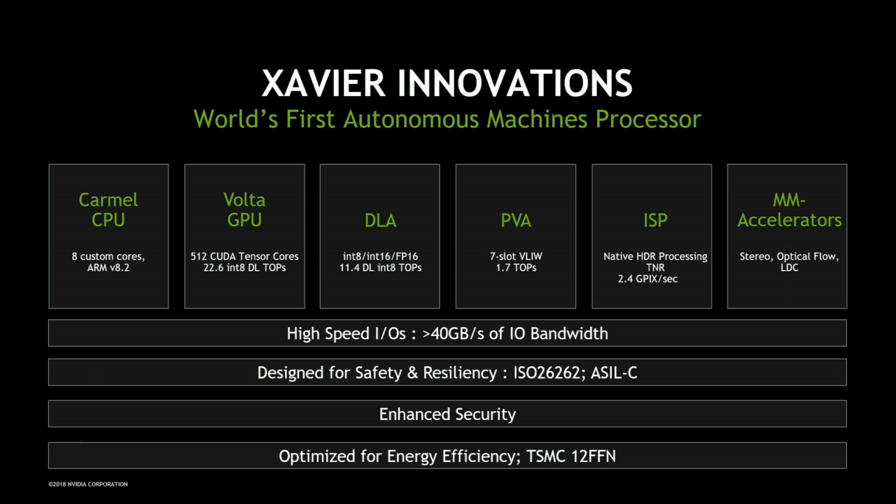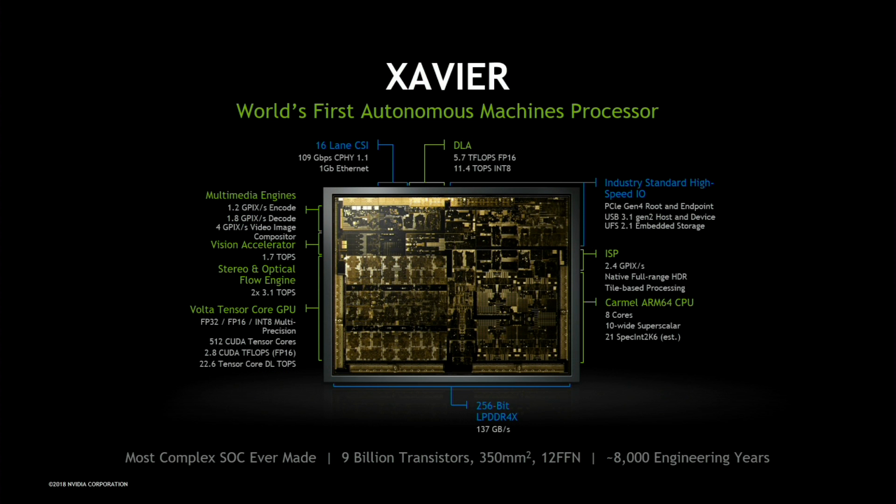That means it's going to be optimized differently than, let's say, a desktop GPU. So with all that put together, around 4 years ago we started all these discussions. I think I was here talking at Hot Chips about Tegra K1 4 years ago. And so now we're here. This is our chip. It's one of the most complex SoCs ever made.